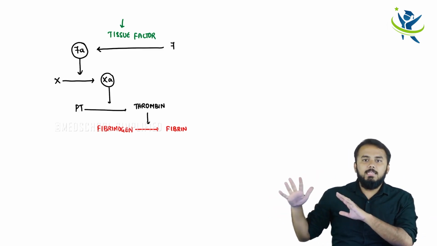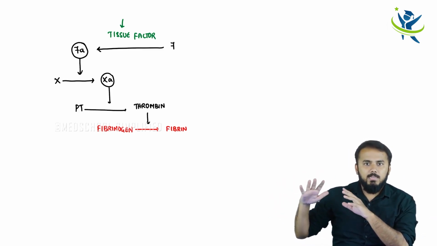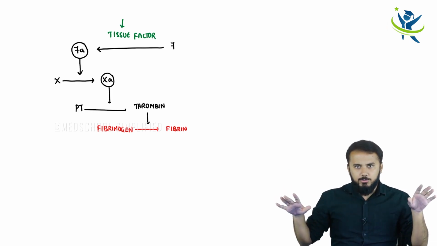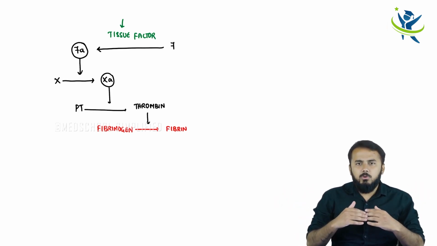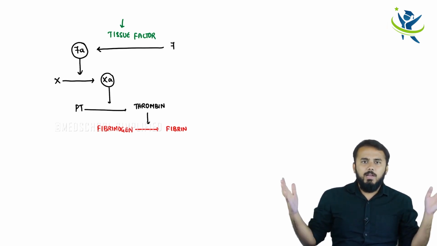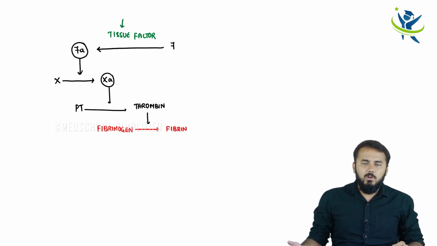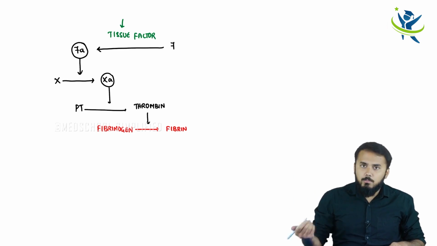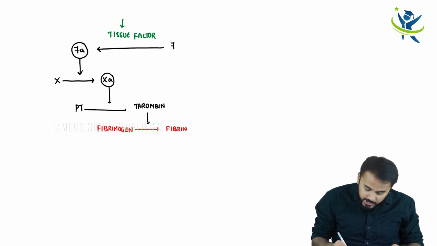Because of this increased amount of fibrin, all the platelets are coming together to form a platelet plug. So in the blood there are no platelets found. So the patient will have thrombocytopenia, isn't it? The patient is having thrombocytopenia.